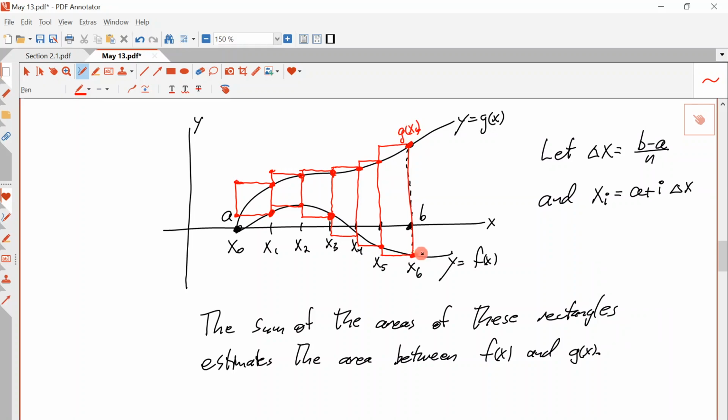And on the bottom here, this is f of x6. So the distance from here to here is g minus f. The distance between two points on a straight line is just the difference. So this is 5, this is -2, so the distance between them is 5 minus -2, which is 7.